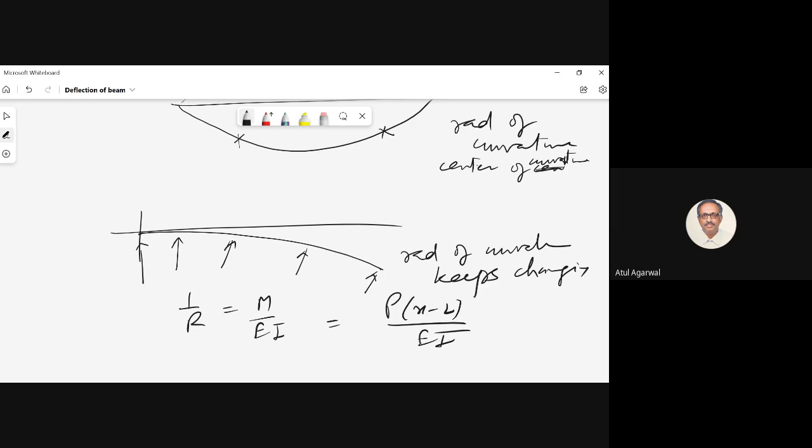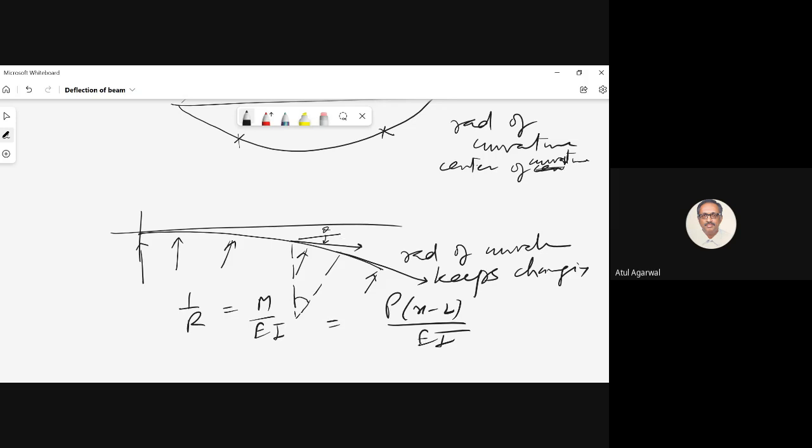Okay, one more thing. You have drawn a tangent. You have drawn another tangent. Now you draw a perpendicular to it. Can you say anything about this angle? Anybody? You see this angle is theta.